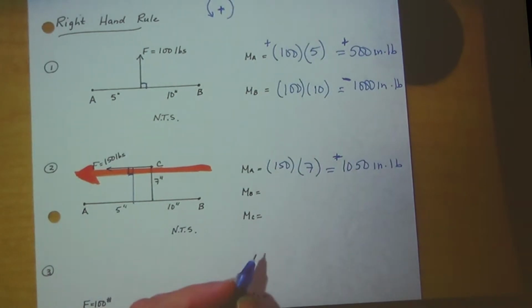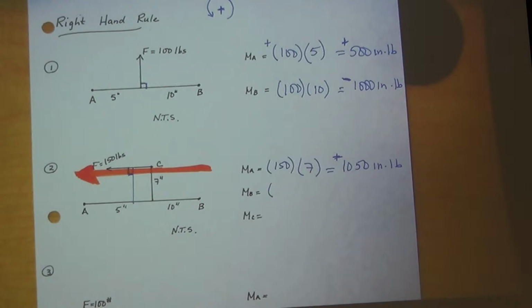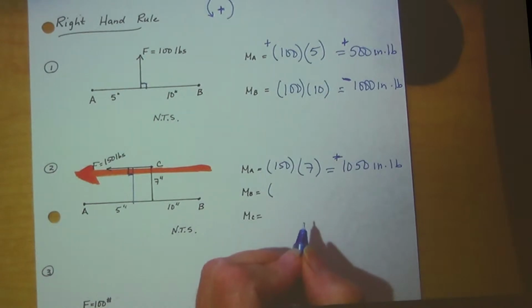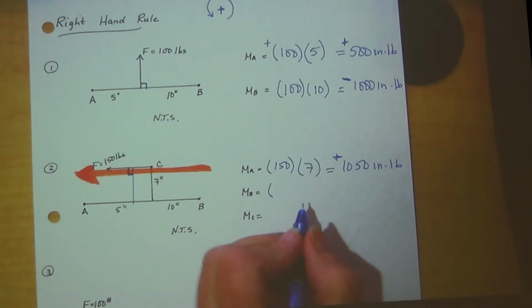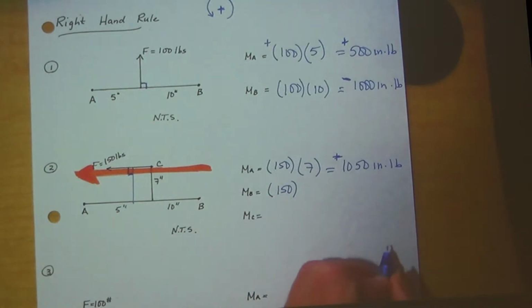Okay, Peter, next one, B. Pass. Okay, Paul? B? Yeah. The force is 150, and the perpendicular distance, I think we're still at 7.